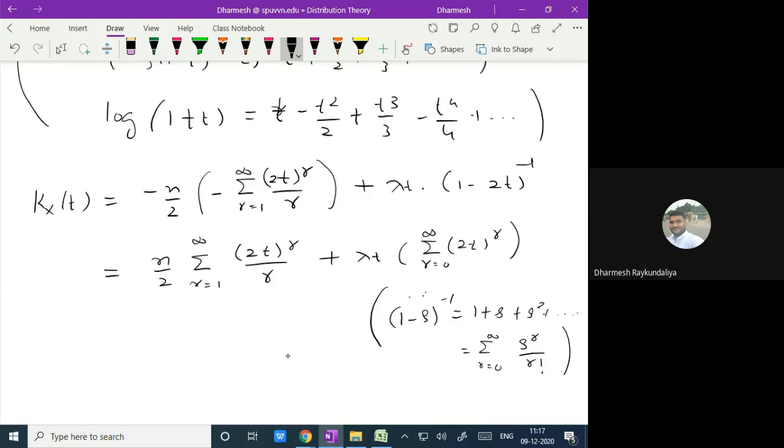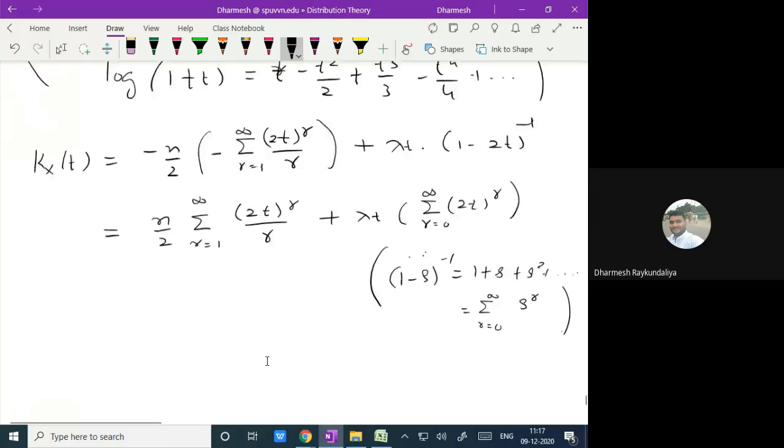Sorry, not r factorial, because there is no factorial. So we have just here, instead of the rho, we have 2t. So it is 2t raised to r.